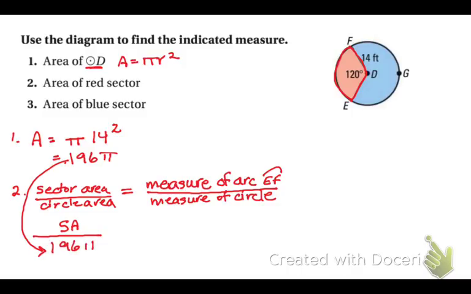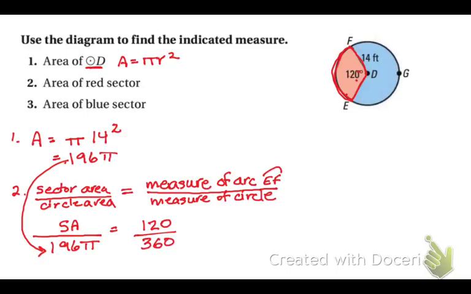So we already calculated that. That is equal to the measure of arc EF, and since this angle is at the middle of the circle by the center point, we know that this arc is equal to this angle here. So the measure of the arc is 120 degrees, and the measure of the entire circle is 360 degrees.